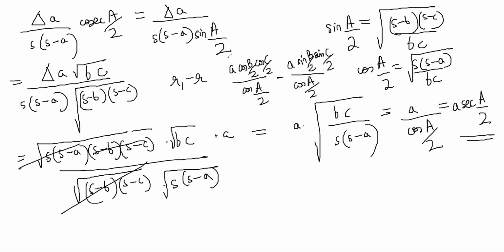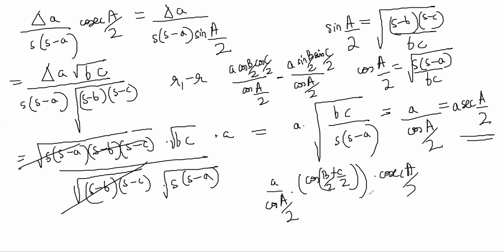Take A by cos A by 2 common. This is cos B by 2 cos C by 2 minus sin B by 2 sin C by 2, so it is cos of B by 2 plus C by 2. Outside there is a cosec A by 2. This is so much easier, and this is sin A by 2.